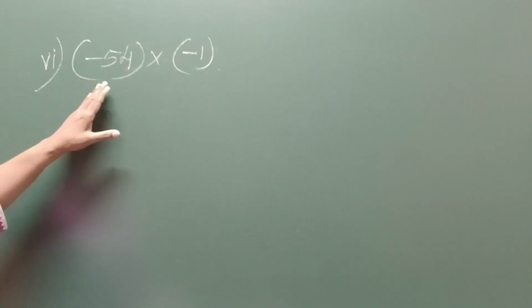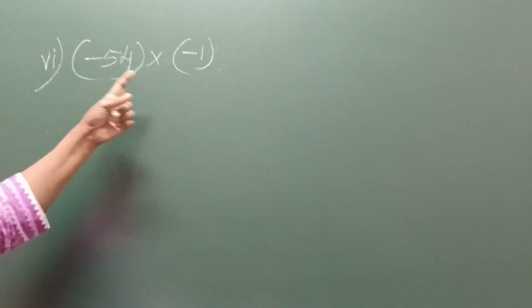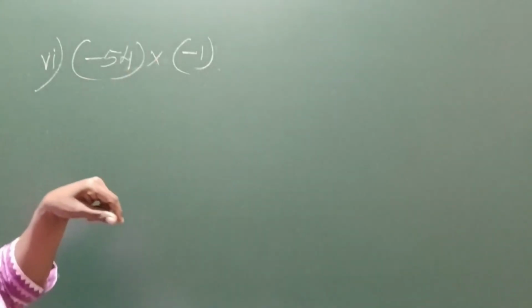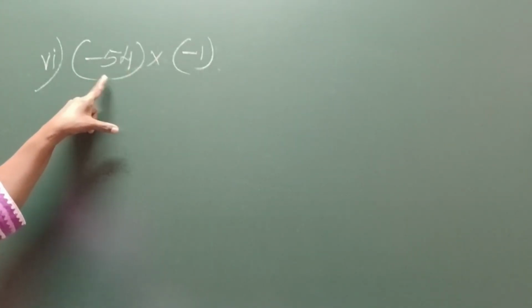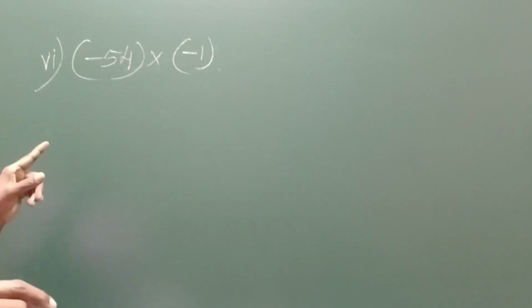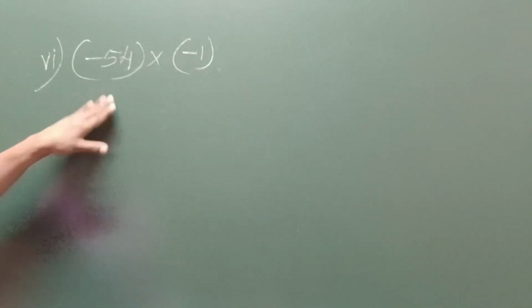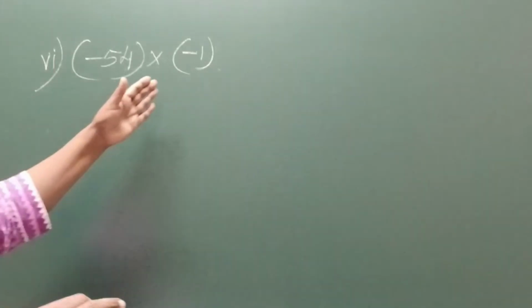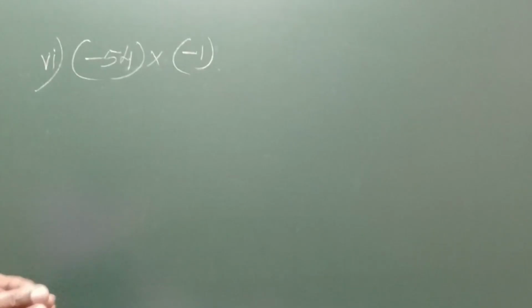First we find the absolute value. Minus 54's absolute value is 54, minus 1's absolute value is 1.